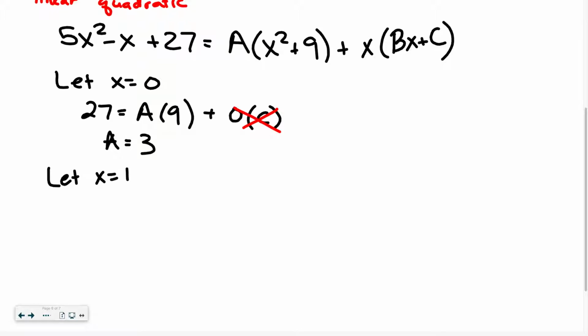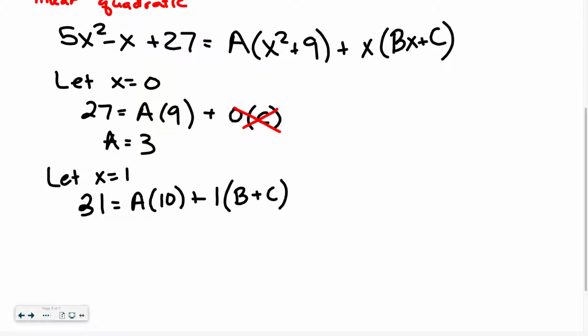So that'll be 5 minus 1 is 4 plus 27, that's 31, equals a times 1 squared plus 9, so a times 10, plus 1 times b times 1 plus c, so that's really just b plus c.